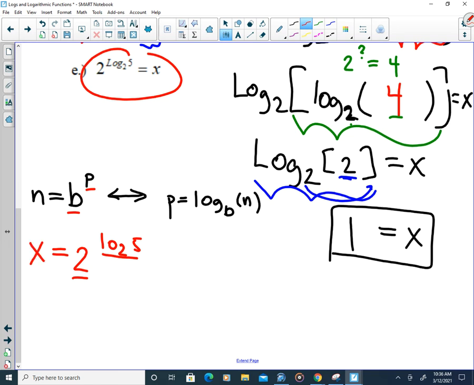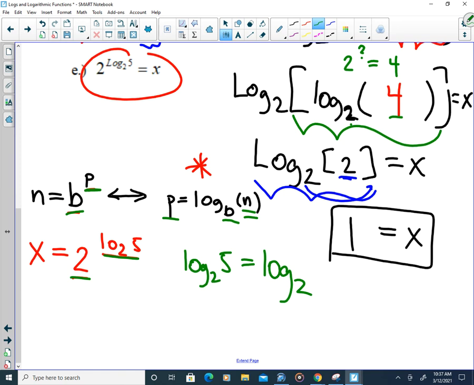So let's rewrite it as a logarithm equation. What was my p value? My p value is my exponent. So I'm going to write log base 2 of 5. What does that equal? That equals log of your base. What was the base over here? The base was the number 2. And then what's your n value?